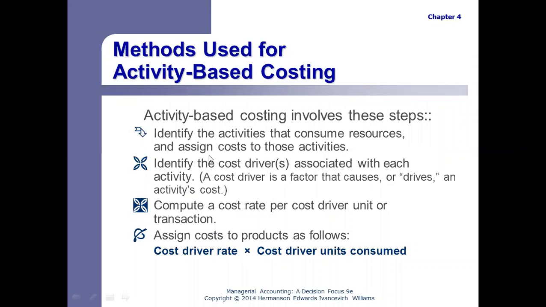Here are the major steps in activity-based costing. Keep these symbols in mind, because for the rest of the slides, the authors use this symbol to help you remember the different steps. The first step in activity-based costing is to identify the activities.